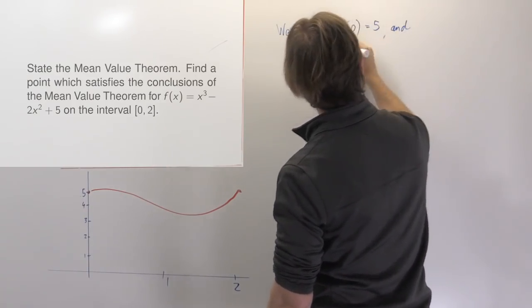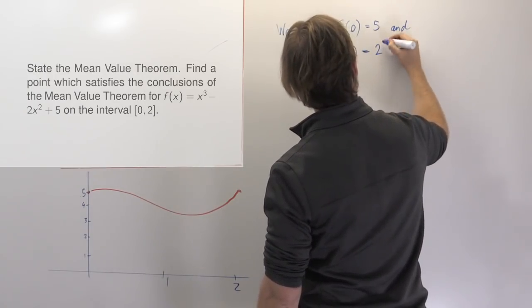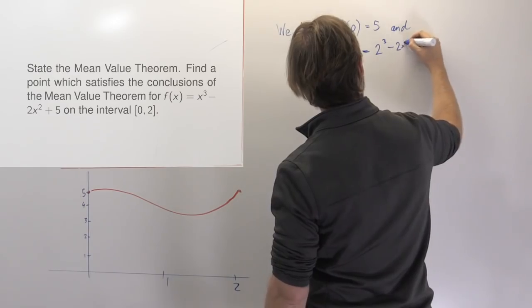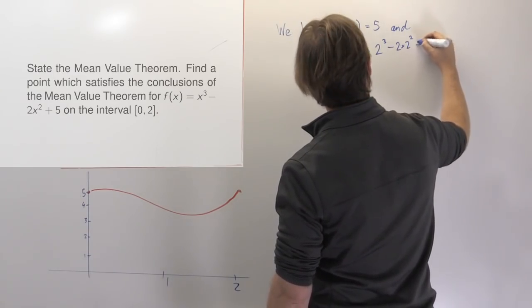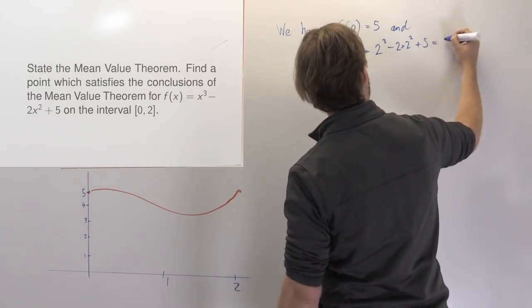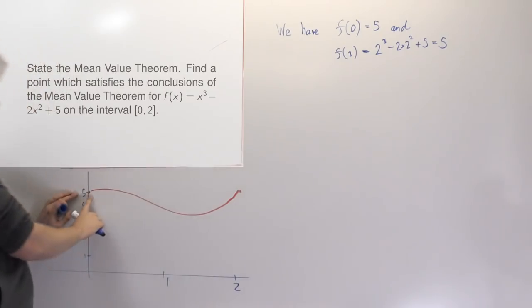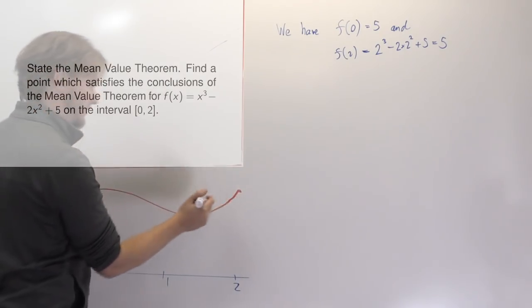And what's interesting is f(2) is going to be 2 cubed minus 2 times 2 squared plus 5. That is also a 5. You can see that in this picture. The function starts at 5, does something, ends up back at 5.